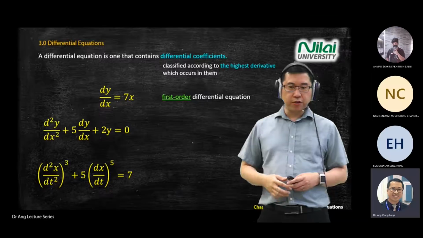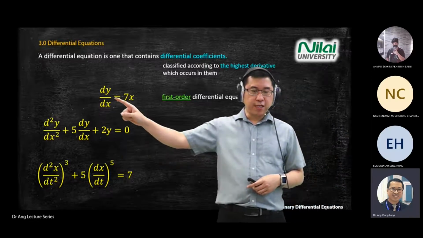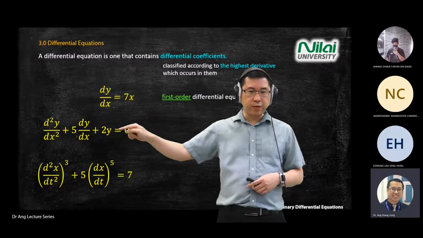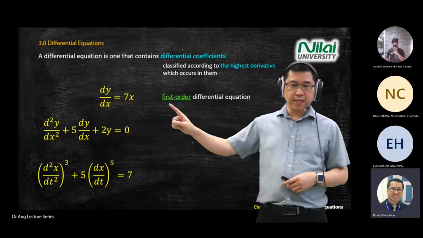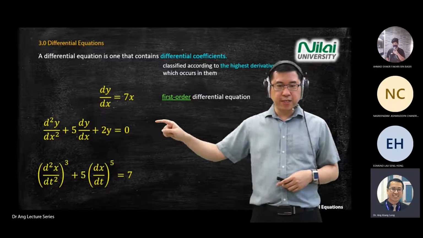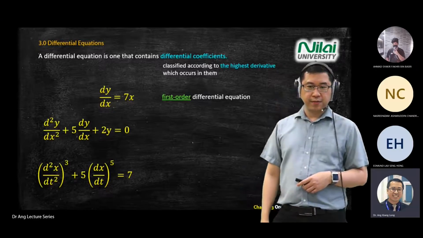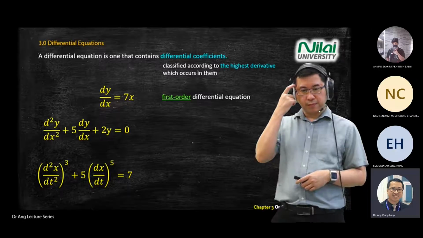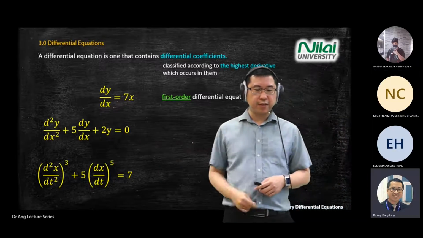If you look at the second one, using the understanding of first order, look at the equation. What is the name for this equation? What is the highest derivative you have here?